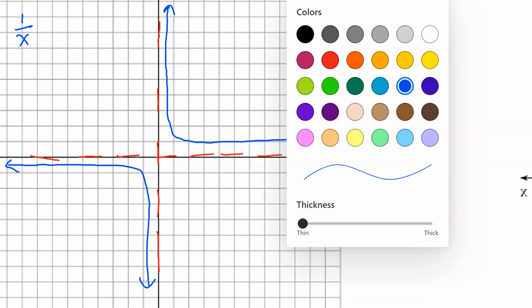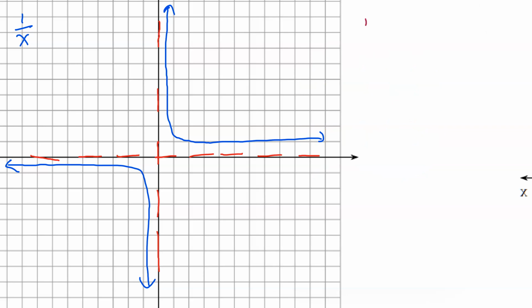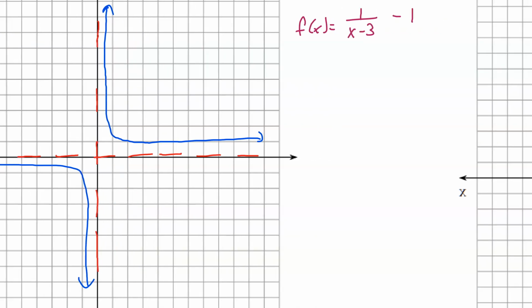So if we go and shift that to our f of x is equal to 1 over x minus 3, minus 1, we're going to shift this entire thing right 3 and down 1.